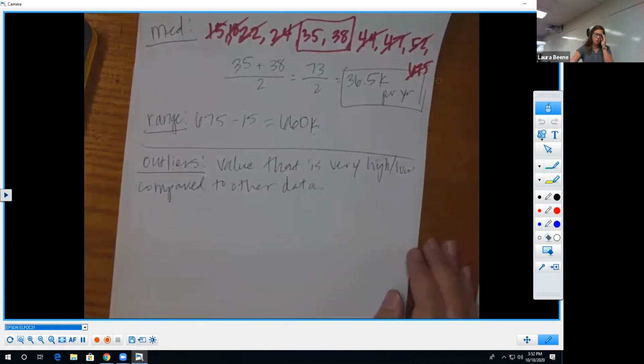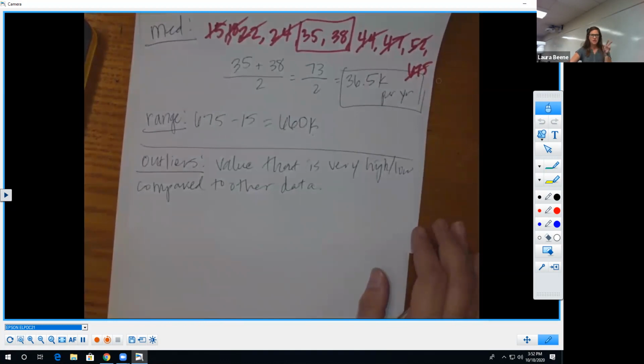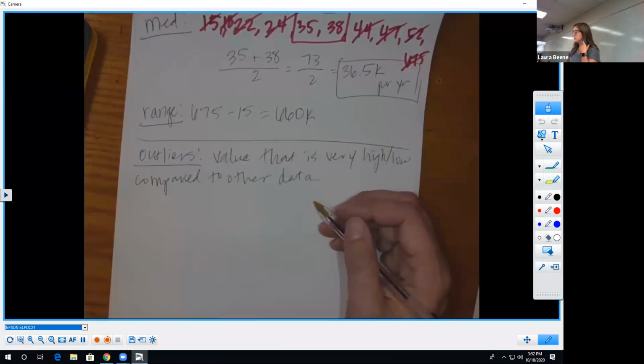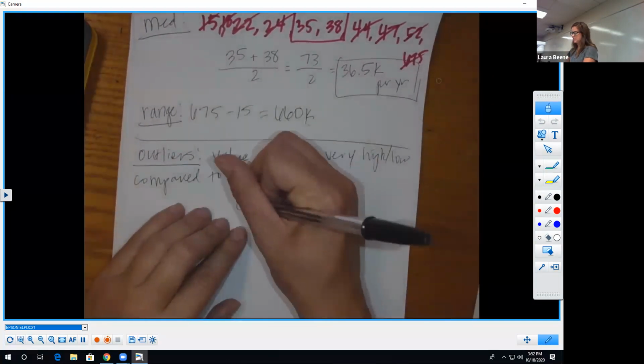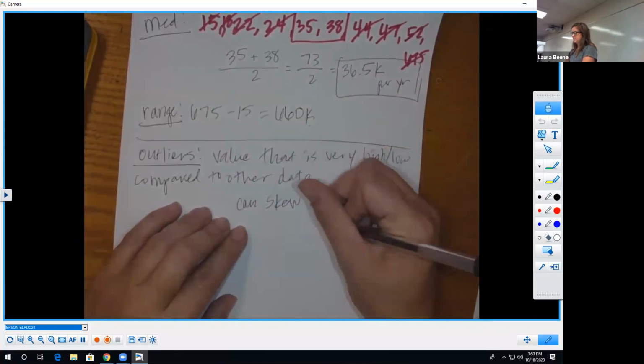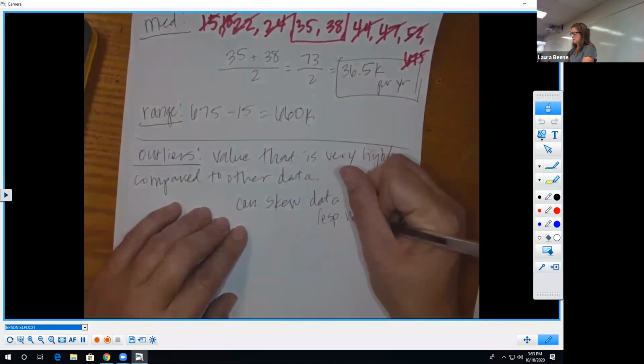Okay. In the next 2 videos, you'll learn how to specifically find what an outlier is. But for now, with mean, median, mode, range, we just need to know that it can skew your data, especially the mean.